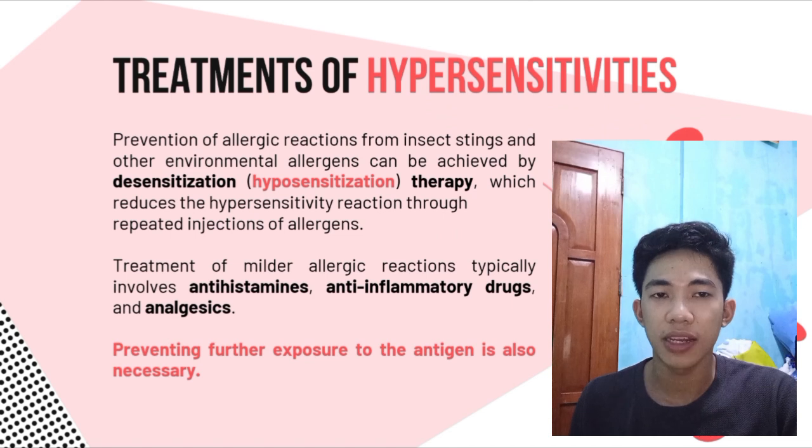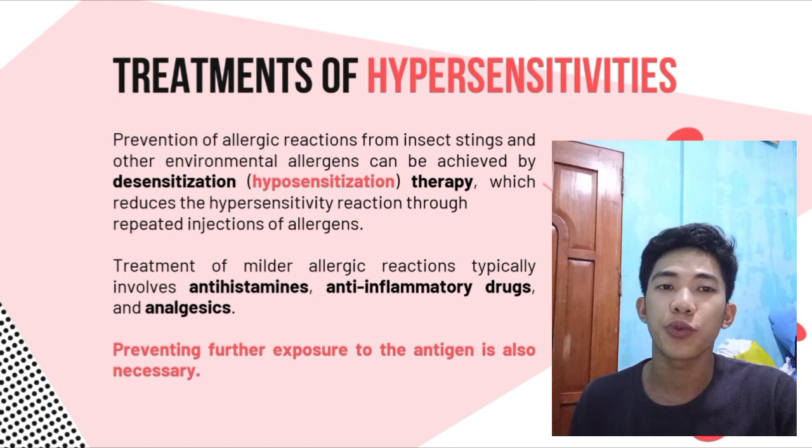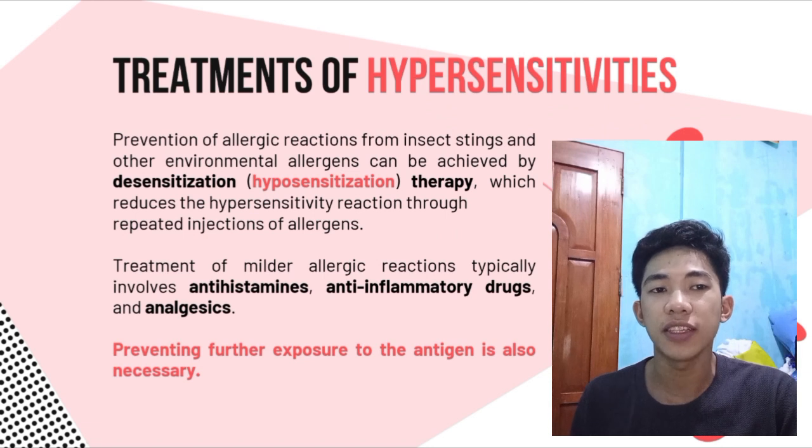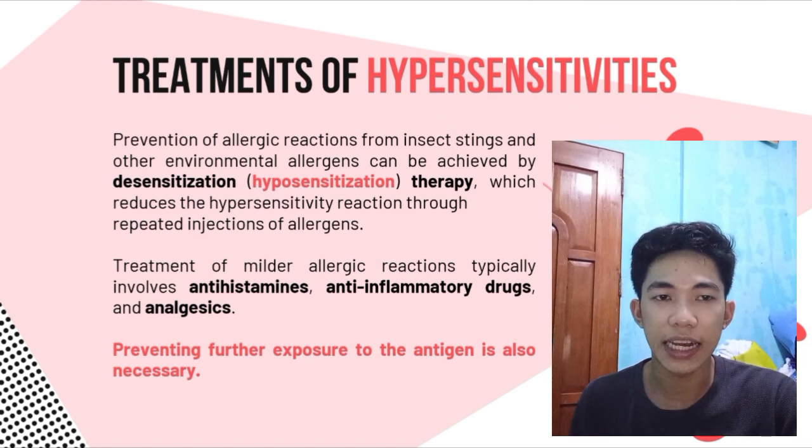Now, let's talk about the treatments of hypersensitivities. So, prevention of allergic reactions from insect stings and other environmental allergens can be achieved by desensitization or hyposensitization therapy, which reduces the hypersensitivity reaction through repeated injections of allergens.